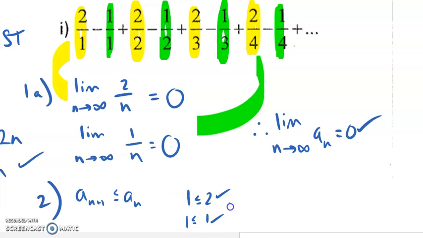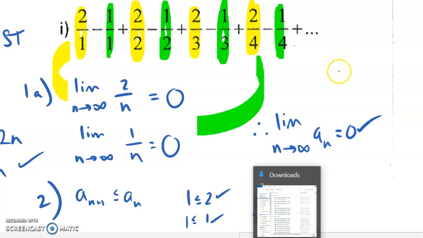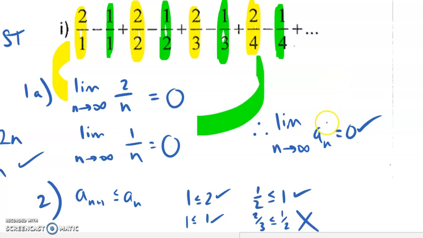Sure. That checks out. About 1/2 less than 1. Hold on a second. 1/2, that's the fourth term, is smaller than the third term. That checks out. Okay, what about the fifth term? The fifth term is 2/3. The fourth term is 1/2. Is 2/3 less than 1/2? Nope.